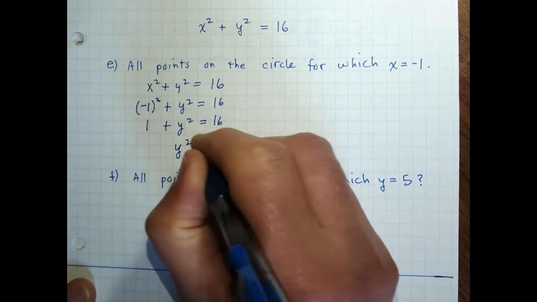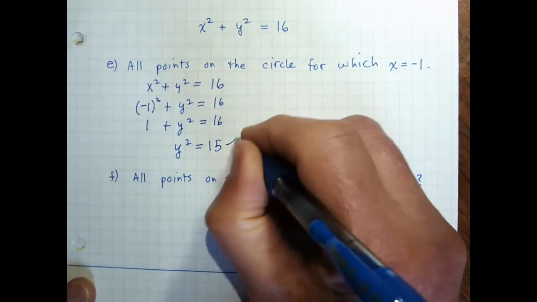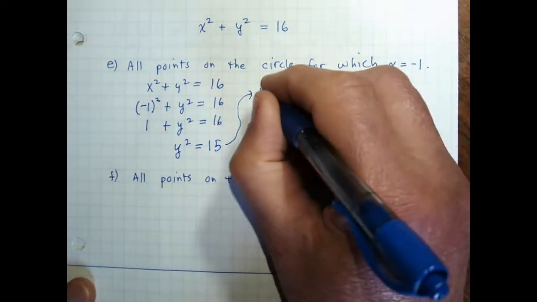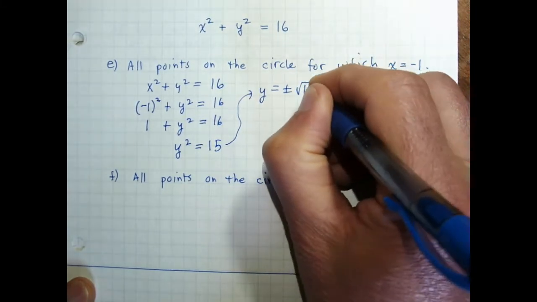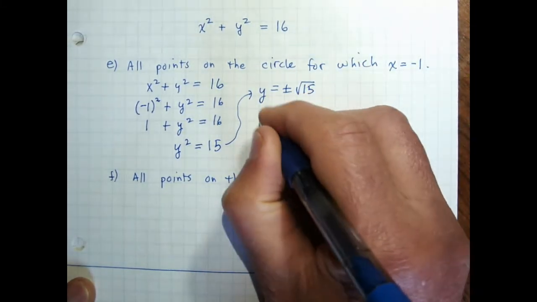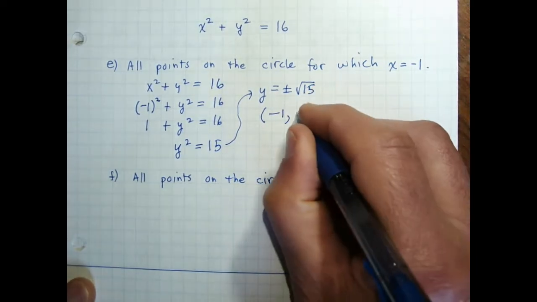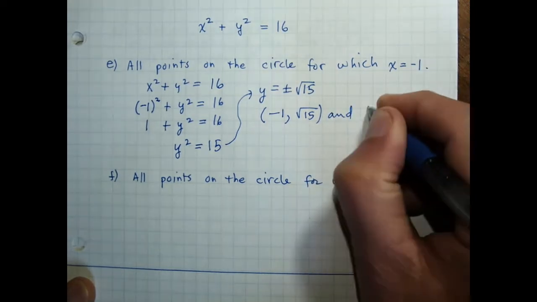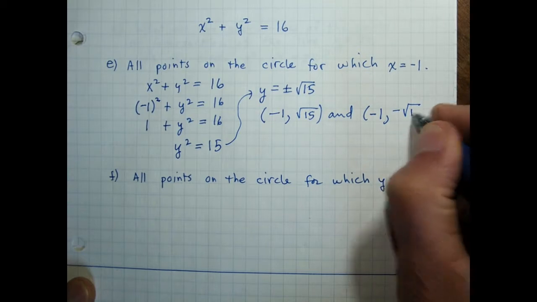And so we end up with y squared equals 15 again, even though we plugged in a different value for x. We get y equals plus or minus the square root of 15 when we take square roots. So here our x value is negative 1, positive square root of 15, and negative 1, negative square root of 15.